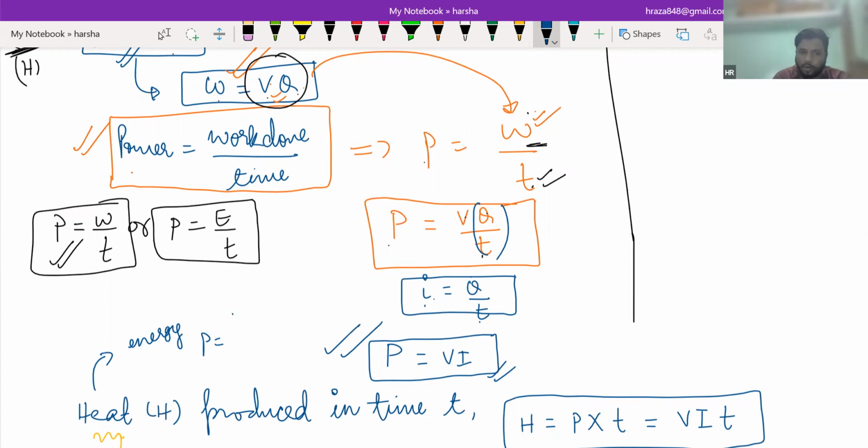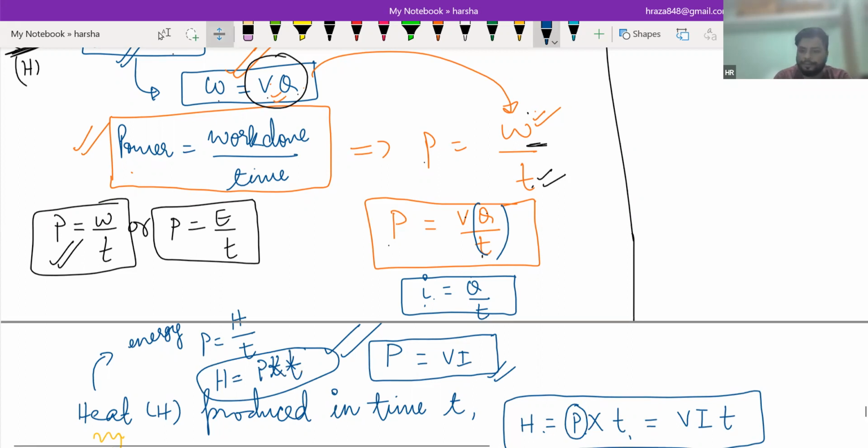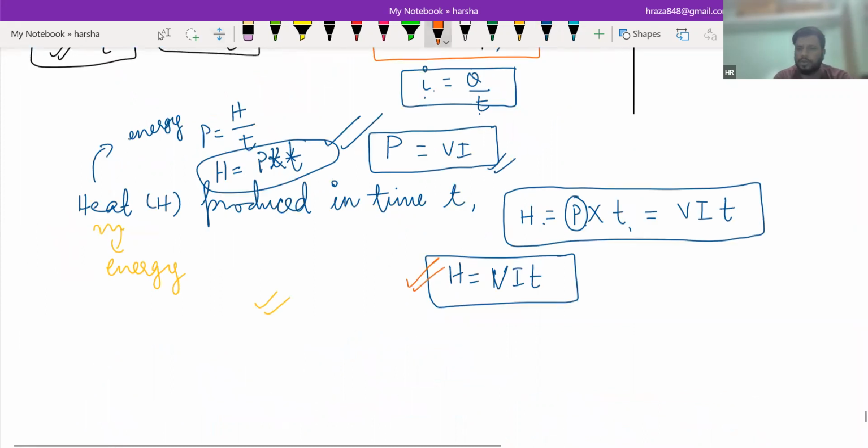Since here we are talking about heat energy H, so H by T. So heat energy H will be equal to P into T. You can see here I wrote it P into T, and you know that power has a formula that we derived, P is equal to VI. So we got a formula H is equal to V into I into T. So this is the basic formula of heating effect of electric current.